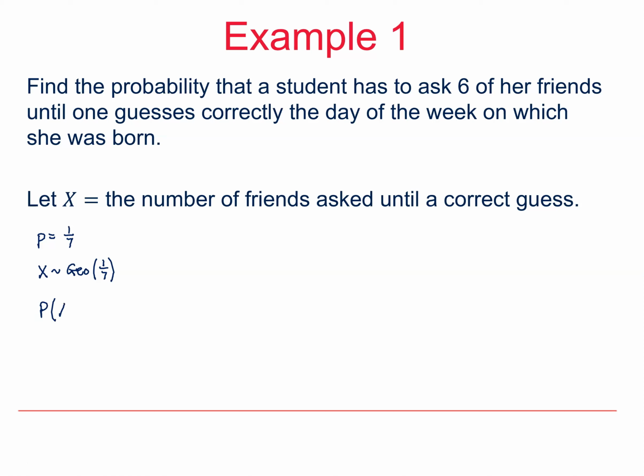The probability that X is equal to 6, using the formula from the previous slide, is P multiplied by 1 minus P to the power 5, which in this case is 1/7 times 6/7 to the 5, and that comes out to be 0.0661 to 3 significant figures.